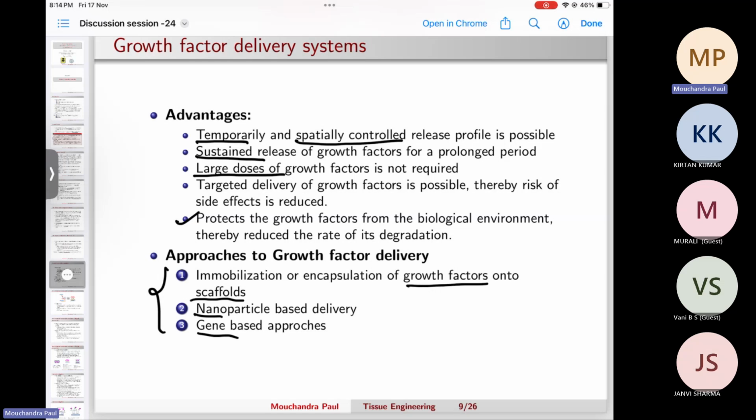Most of the knowledge that we have about delivering growth factors comes from drug delivery systems. Drugs are also encapsulated within some carrier, right? So people have taken a lot of information from there. This is one way to control where the growth factor is released and at what time.